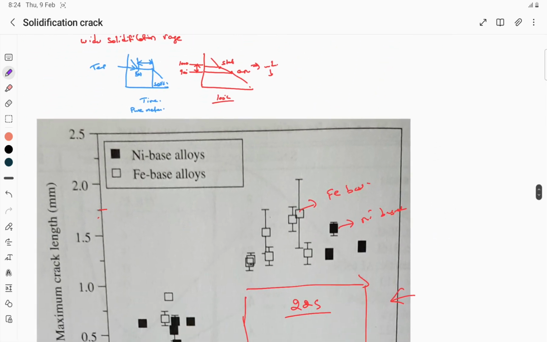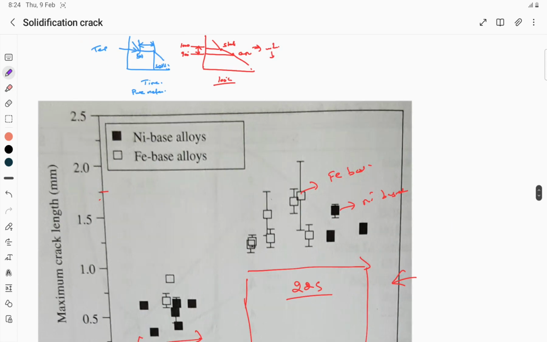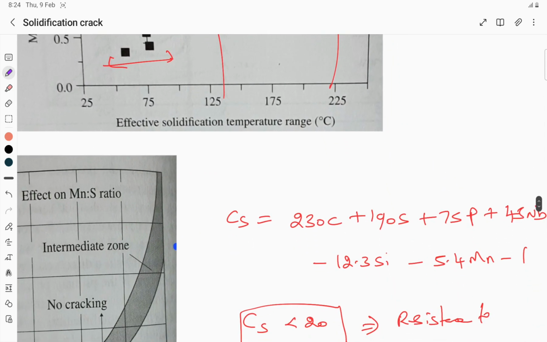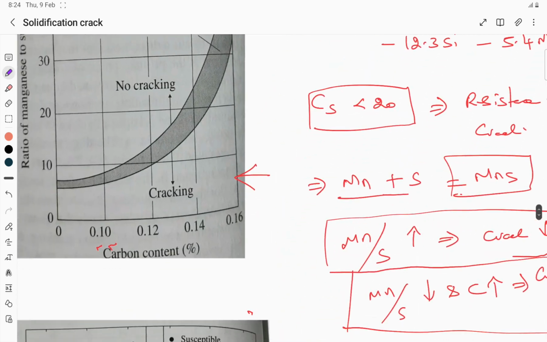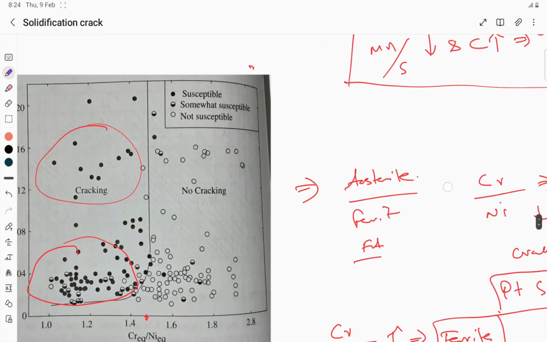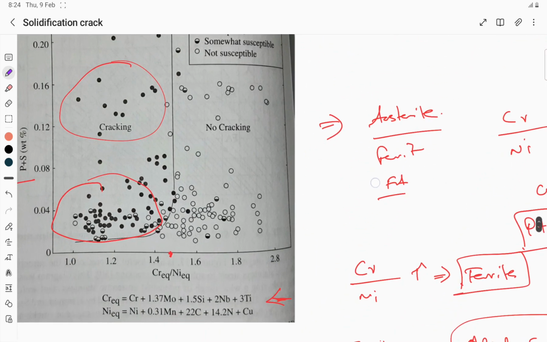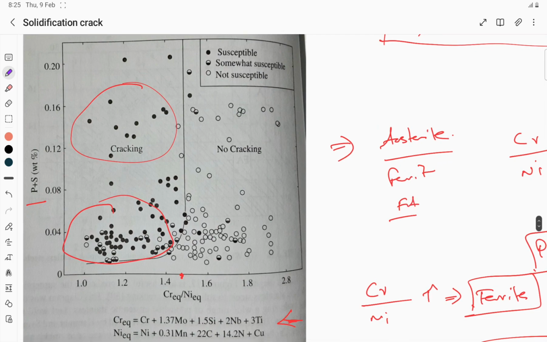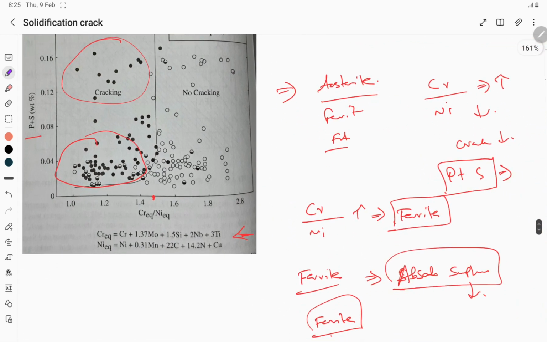The main factor is composition. If the solidification temperature range is high, it results in solidification crack. We have also seen some case studies based upon the textbook, depending upon the chromium nickel equivalent. If it is higher, the possibility of solidification crack is less, generally because the mode of solidification will be ferrite at a higher ratio of chromium nickel equivalent.